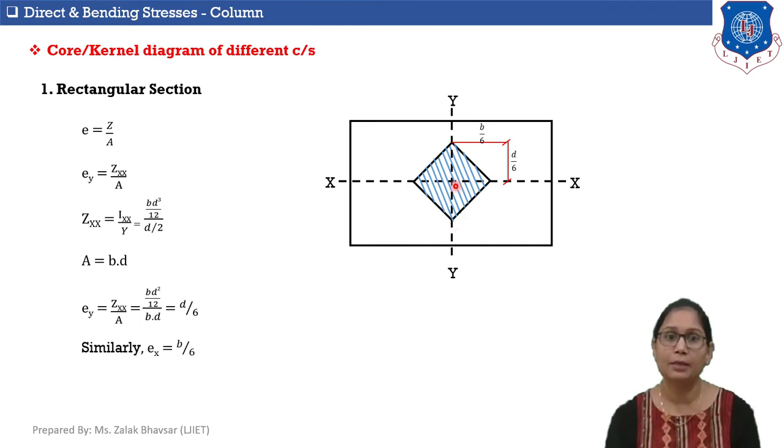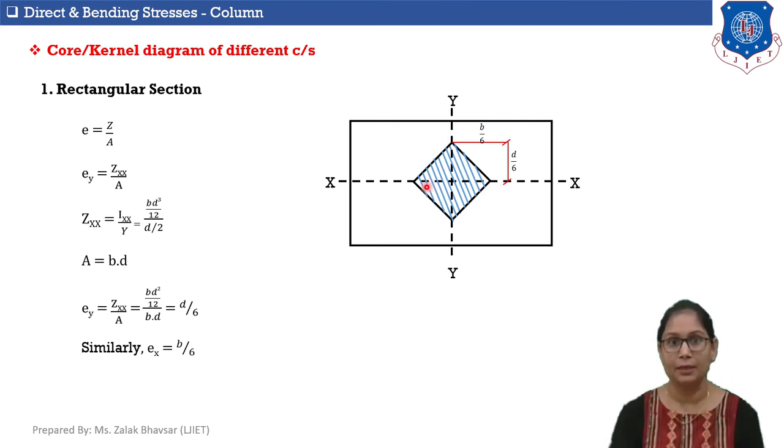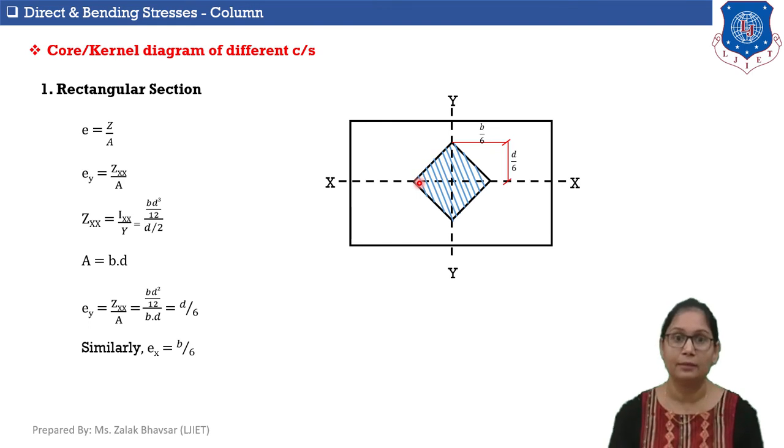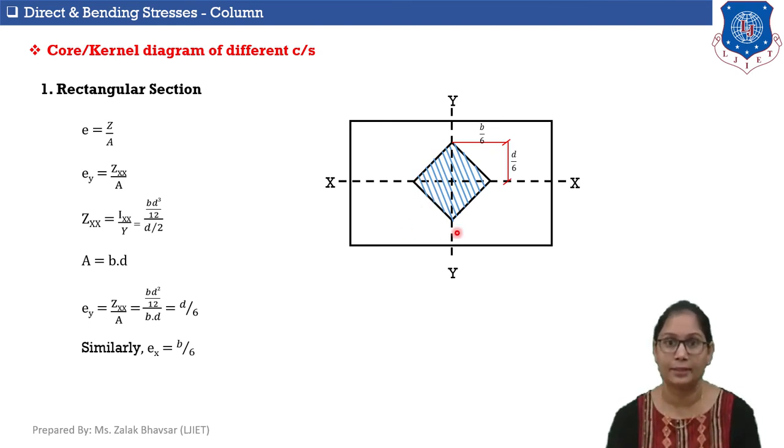Okay. Similarly, if I calculate, then I will get ex, which is the e limit in XX direction, is equal to B by 6. So I mark 2 points of e limits on the XX axis. From point O, I mark one point at a distance of b by 6, and another point in the negative x-axis to mark the e limit in the x direction.